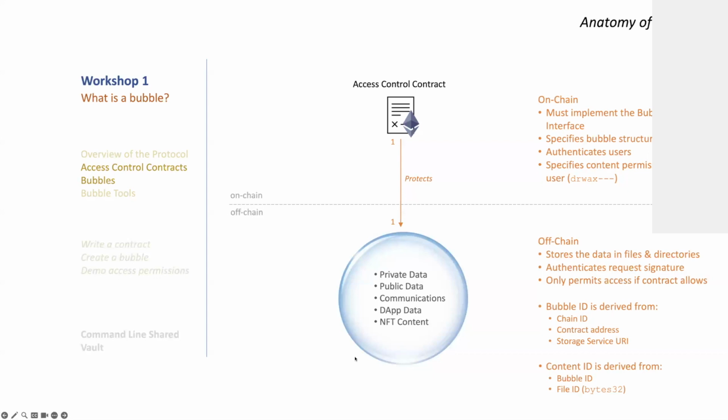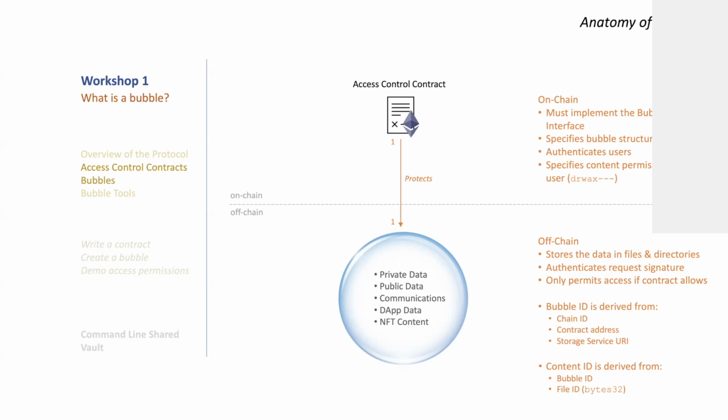Now, every bubble has a globally unique identifier. That's derived from the chain ID of the blockchain that the smart contract is on, the address of the contract, which is of course unique, and the URI of the storage service on which the off-chain bubble is stored. So if it's a cloud server, it might be just the URL of the cloud server.